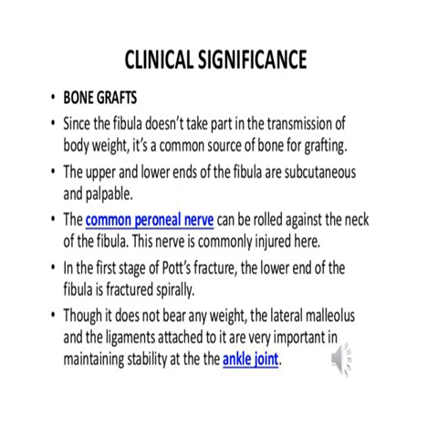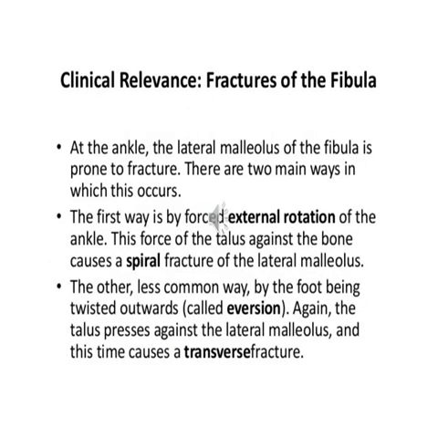Though the fibula does not bear any weight, the lateral malleolus and the ligaments attached to it are very important in maintaining the stability of the ankle joint. At the ankle, the lateral malleolus of the fibula is prone to fracture. There are two main ways in which this occurs.